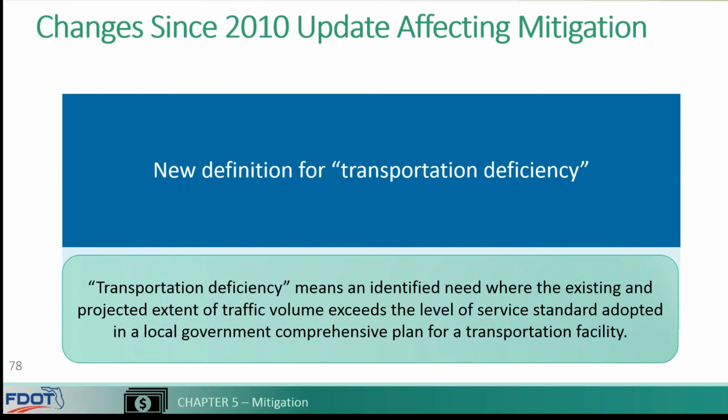And what it means is the identified need where the existing and projected extent of traffic volume exceeds the level of service standard adopted in the local government comp plan for a transportation facility. What used to be concurrency backlog, now the statute provides guidance for these deficiencies, deficiency areas, and sufficiency plans.